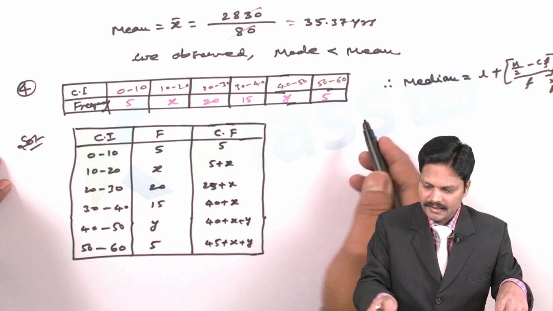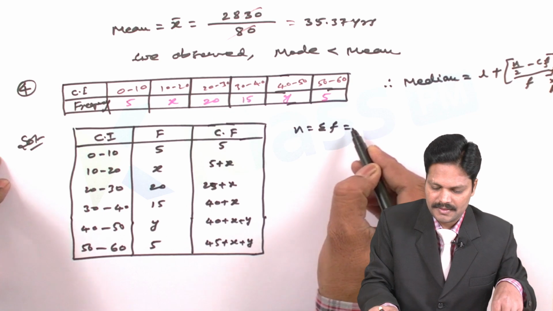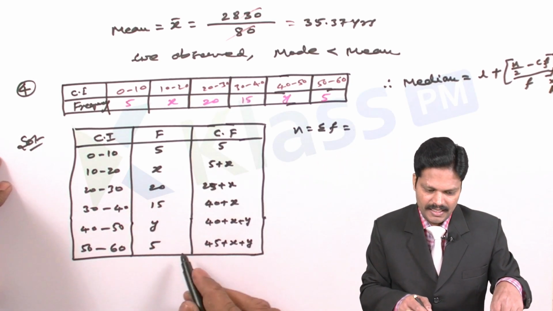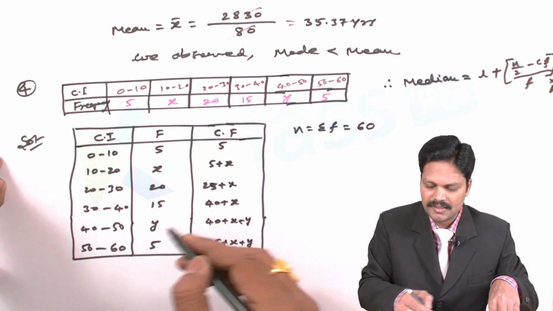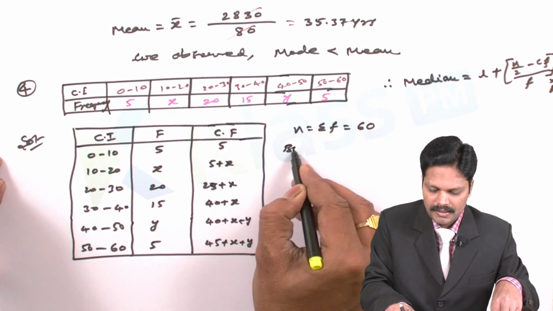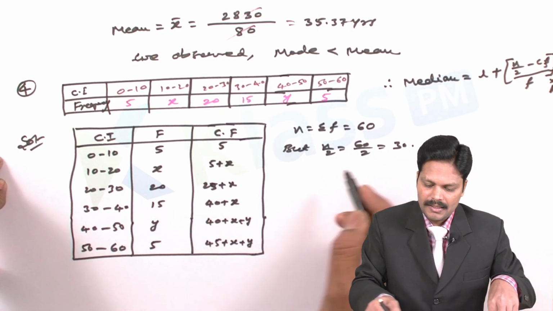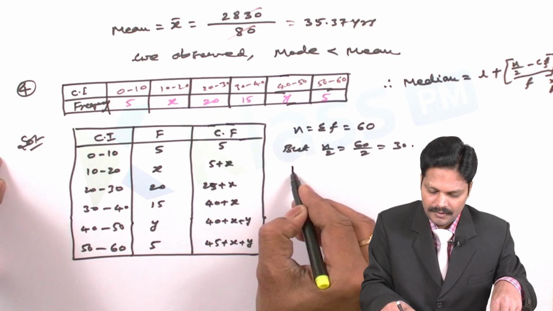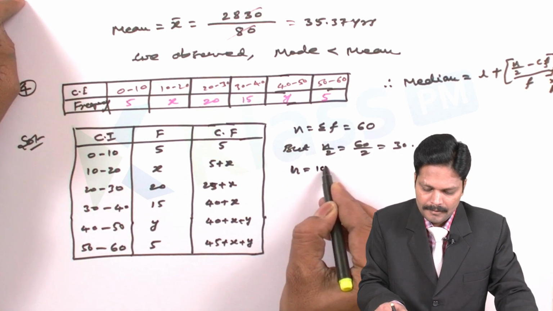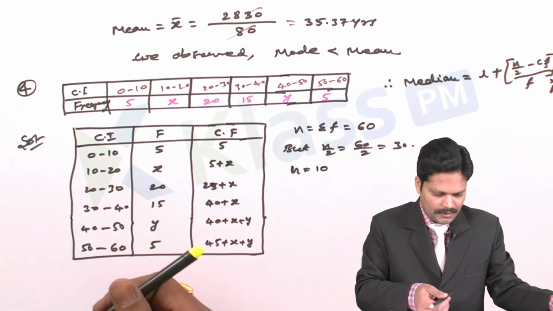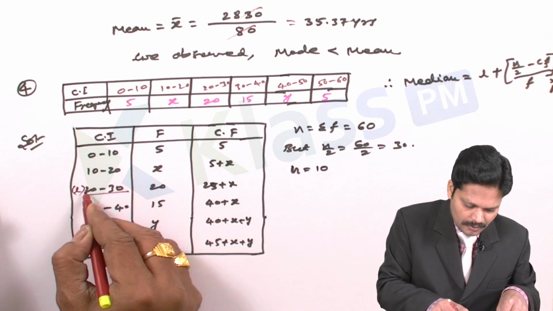Here n is the summation of frequencies. The median of 60 students is given, so n is 60, and n by 2 is 60 by 2, which is 30. The height is 10, and L is 20.